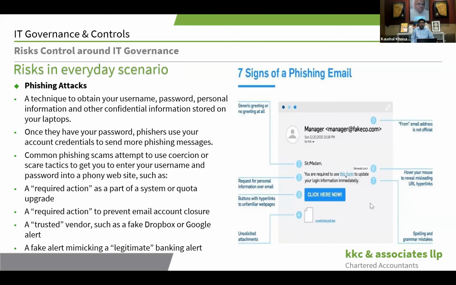Another kind of phishing would revolve around banking alerts. Now, these days, everything is done via online banking. You would be using your credit cards online. You would be using your internet banking, BHIM app for UPI transactions. So, on a day-to-day basis, you would be receiving plenty of SMSs, emails, and everything.